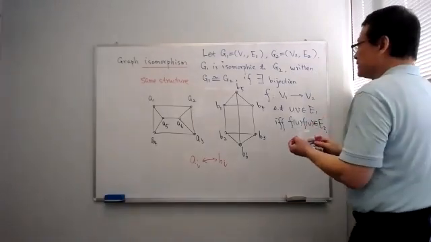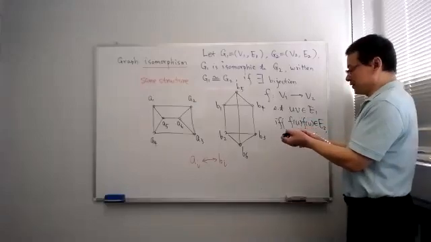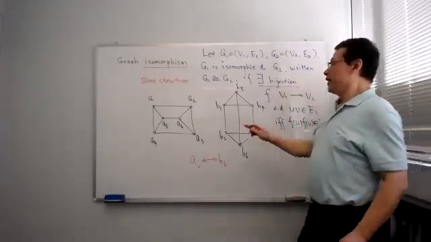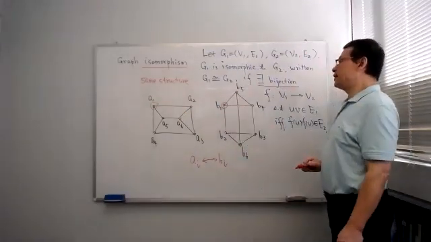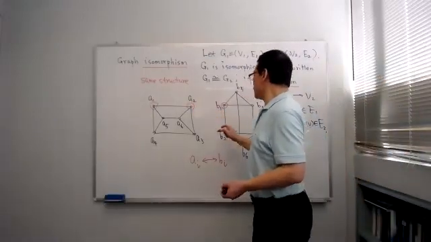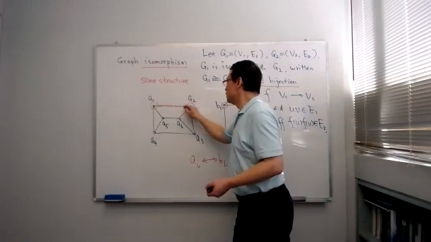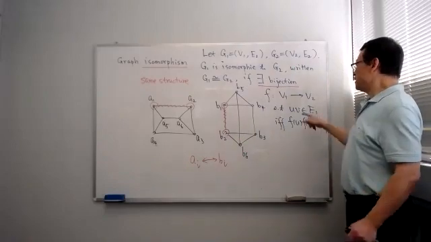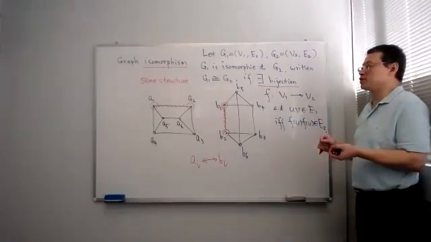Mathematically, that's how we define two structures as the same. There is a one-to-one correspondence, a bijection, like A1 corresponding to B1, A2 corresponding to B2. Whenever A1A2 is an edge, its image is an edge. Whenever you have an edge, its image forms an edge. That's called the same structure.